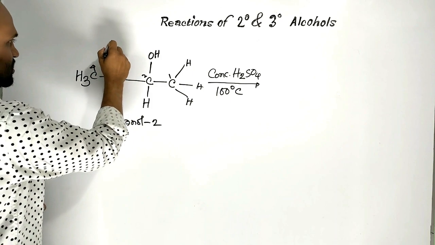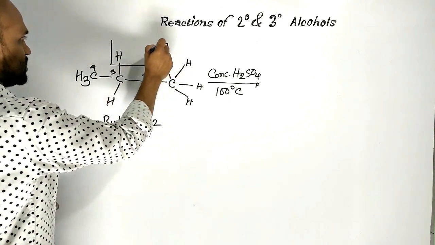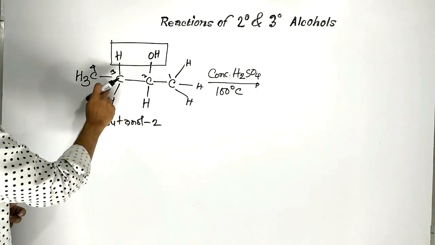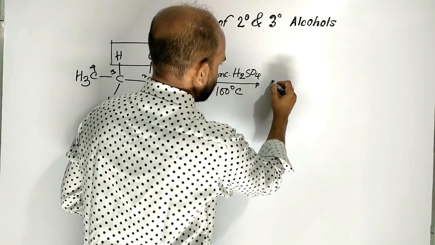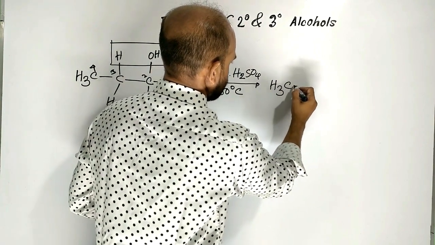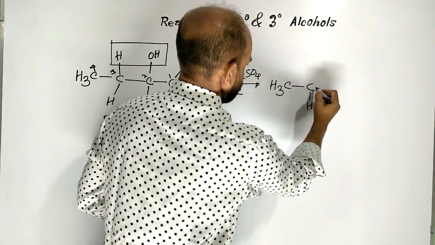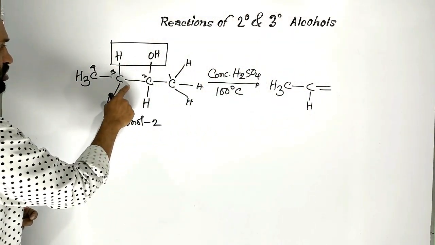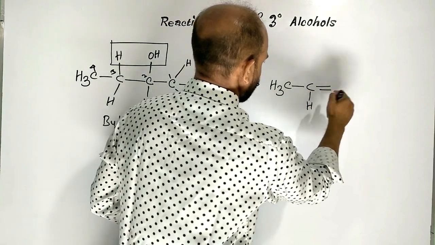One way is this water from carbon 2 and carbon 3. Then this is obtained. Here carbon-carbon single bond turns into carbon-carbon double bond.